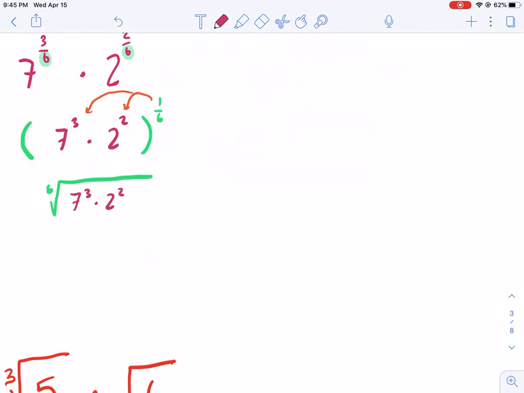Now I just need to simplify inside the radical. 7 cubed times 4 gives me 1,372. If you want, you can search for 6 identical factors, but in this case there aren't any, and this is your most simple answer.